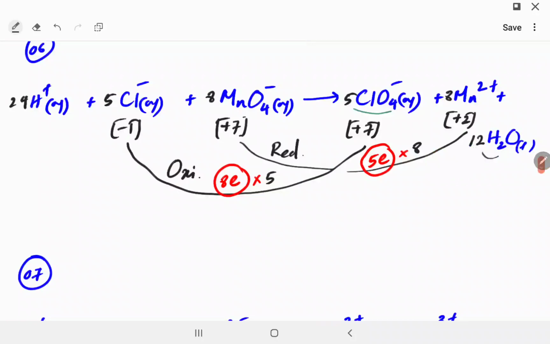Once again guys, what we did was we figured out the oxidation numbers for every atom, and we realized that hydrogen and oxygen are not changing the oxidation number, so there is no point of using the oxidation numbers for hydrogen and oxygen, so we let them alone. But chlorine and manganese are changing their oxidation numbers during this reaction. So we figured out the oxidation and reduction, and we got the electron difference.